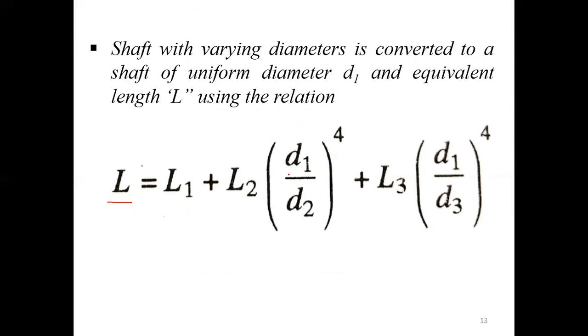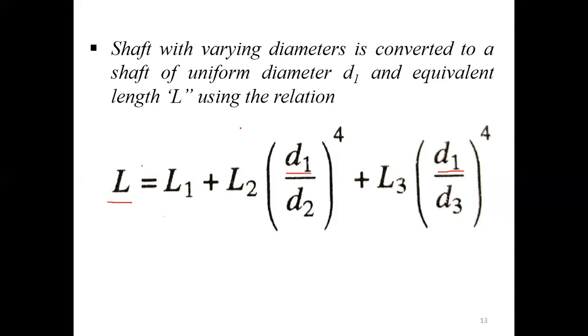In this expression, you can easily identify that in the brackets everywhere the numerator is D1 because you are converting the shaft to a uniform diameter of D1. It is not mandatory that you should convert the shaft to a uniform diameter D1. You can also convert it into D2 or D3, but change the equation accordingly.